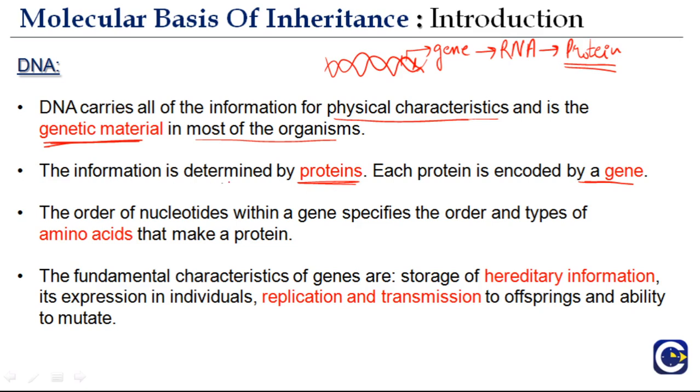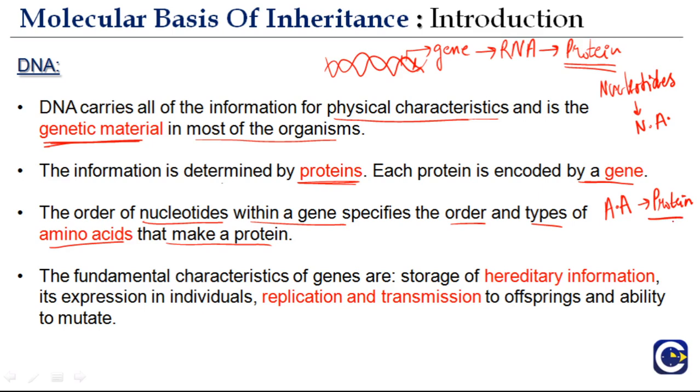The information is determined by proteins and each protein is encoded by a gene. The order of nucleotides within a gene specifies the order and types of amino acids that make a protein. When nucleotides bind to each other, it results in the formation of nucleic acid. Similarly, a lot of amino acids result in the formation of protein.